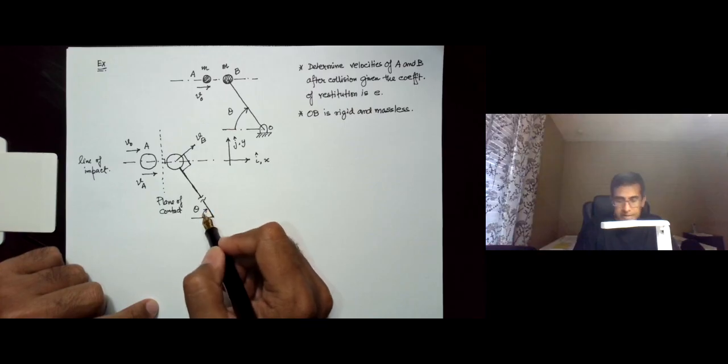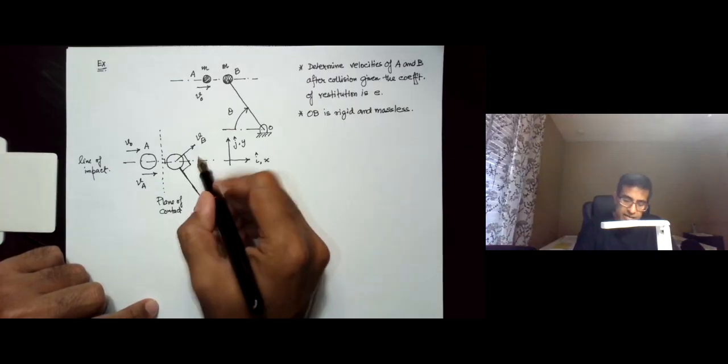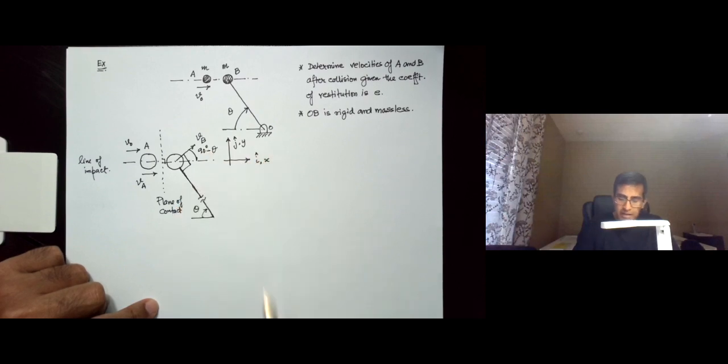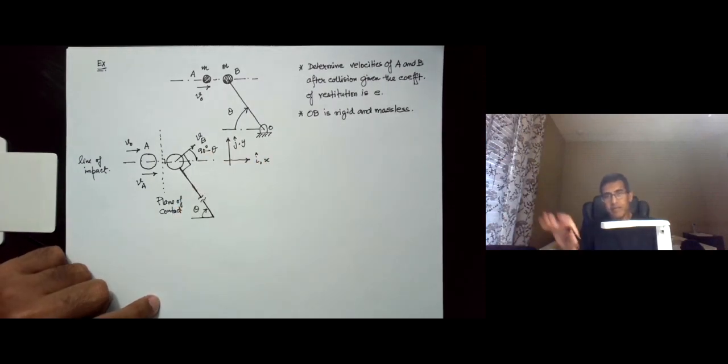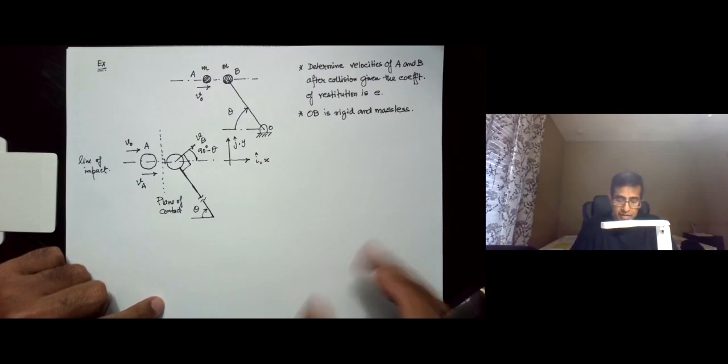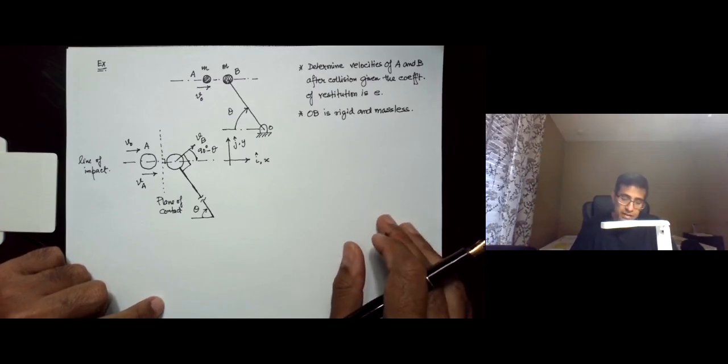If this angle is theta, then this angle is theta, so this angle is 90 degrees minus theta. So VB is at an angle of 90 degrees minus theta from the horizontal. Of course, B is at rest before the collision as per the given conditions.